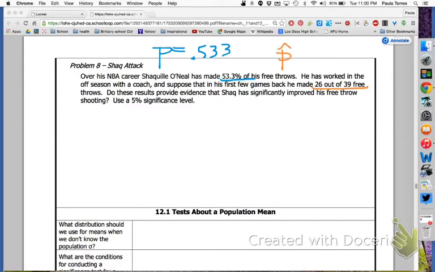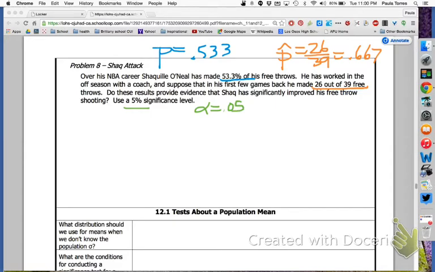So that's my p-hat value, which is 0.6 repeating, so I'm going to round it to 0.667. And they gave me an alpha level of 0.05.